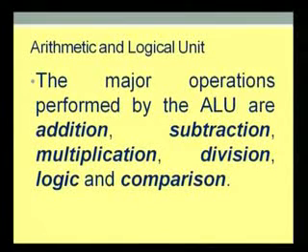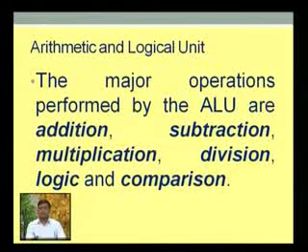Now our next unit is the arithmetic and logical unit. The arithmetic and logical unit is a sub unit inside our central processing unit. As we have seen earlier, the ALU performs mathematical operations. The major operations performed by the ALU are addition, subtraction, multiplication, division, logic and comparison.